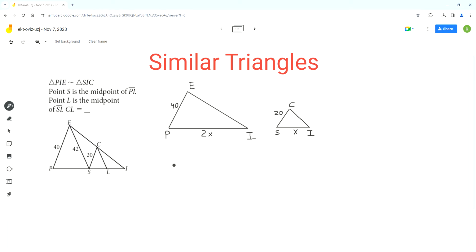So PE over SC should be equal to PI over SI, equals EI over CI.